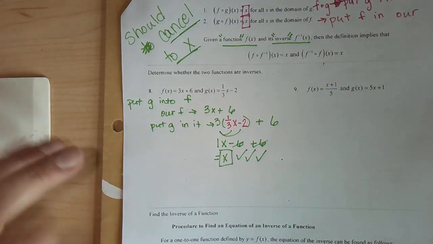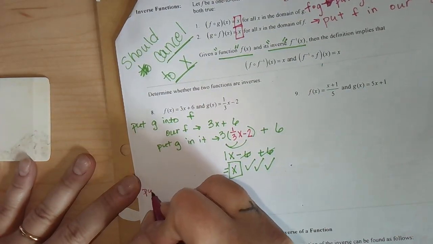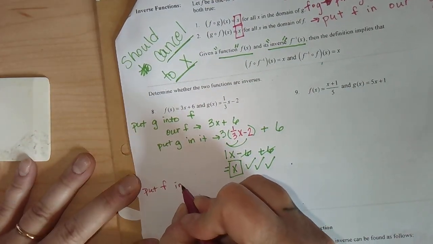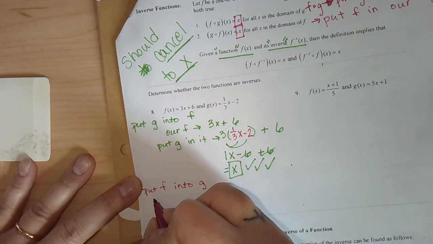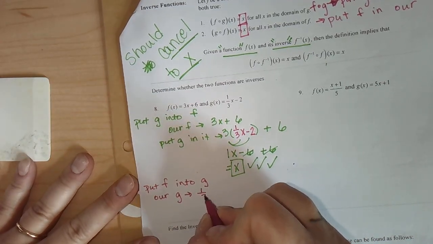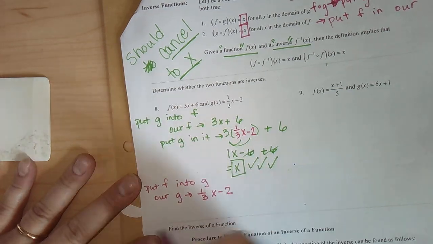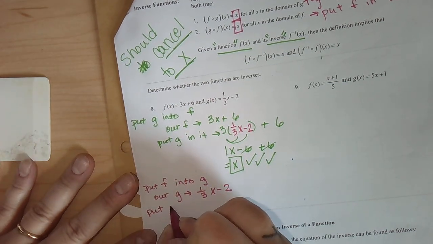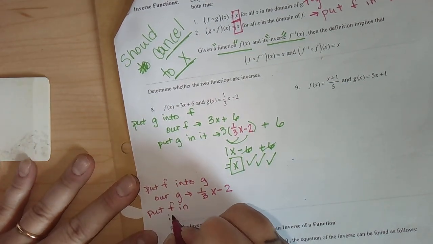Now let's go backwards. Let's put that f into the g. First let's write down our g. Our g is 1/3 x minus 2. Now let's put the f in it.